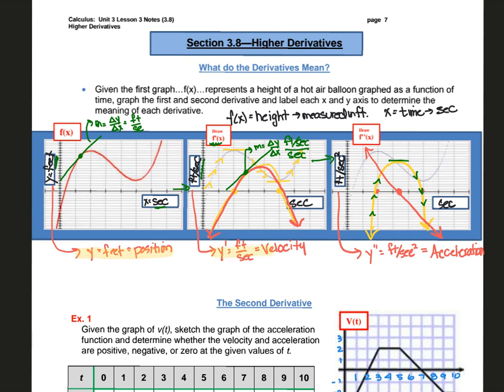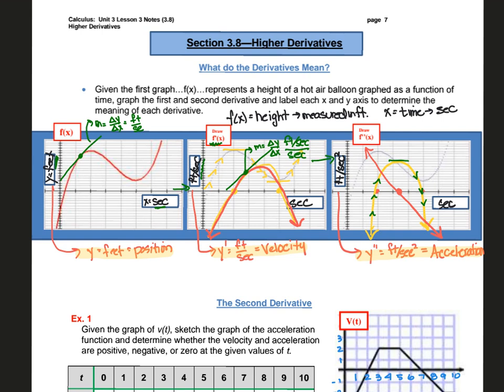Our second graph, which is measured in feet per second, is the measurement of velocity. And our second derivative, our third graph, is a measurement of feet per second squared, which is a measurement of acceleration.